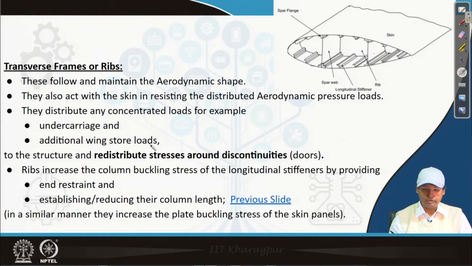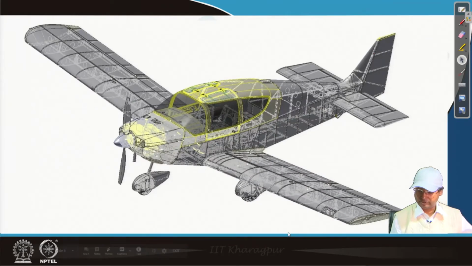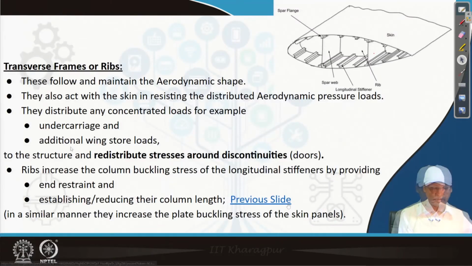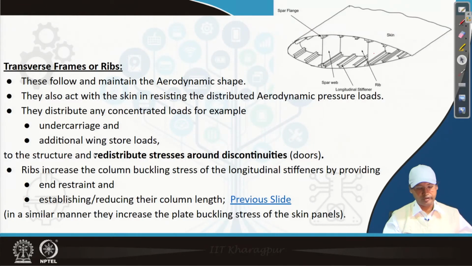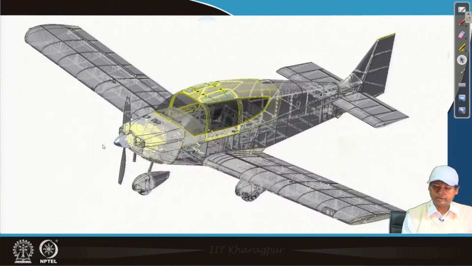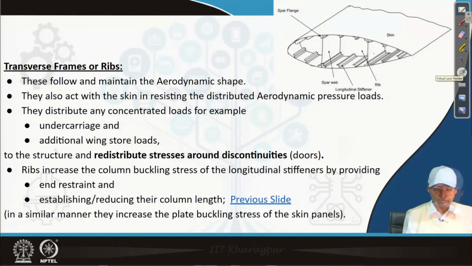So, if we go back to the previous slide, you will see that in this particular case there is no undercarriage load. Additional wing store loads are also not there, but a military aircraft or, say, an agricultural aircraft needs to carry additional store loads.